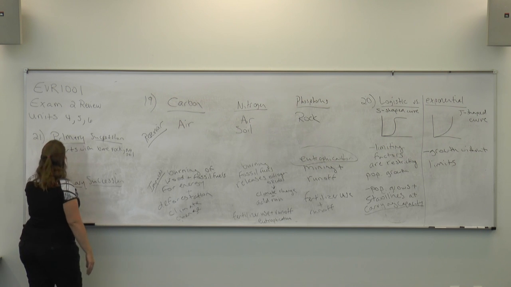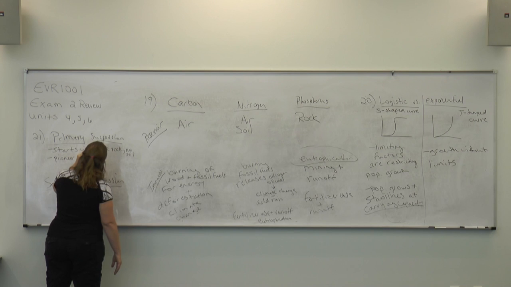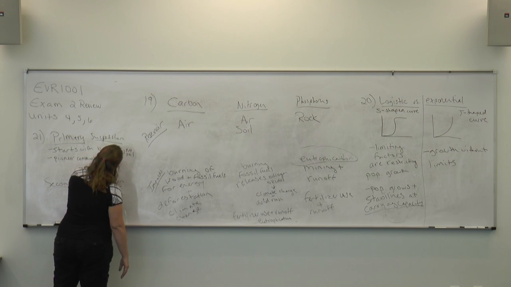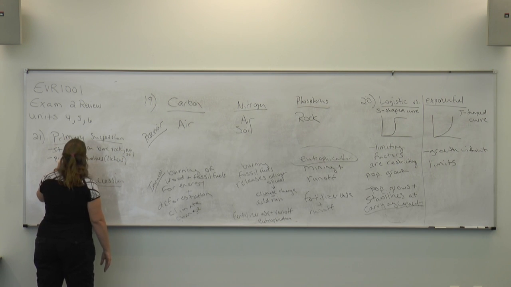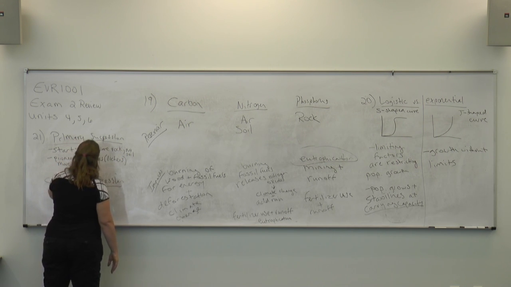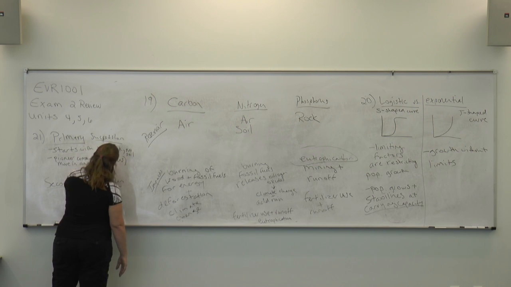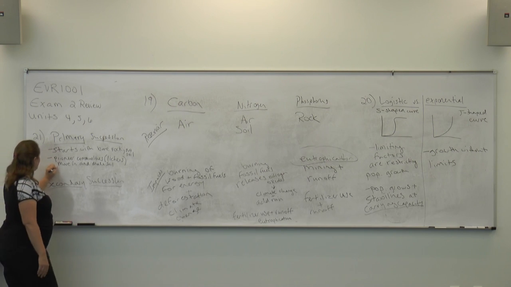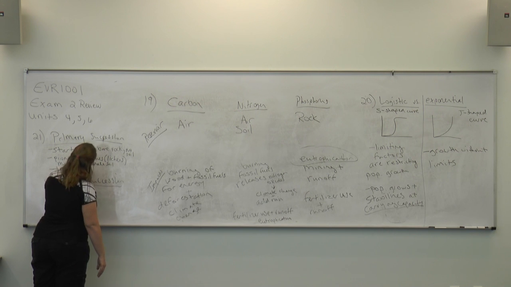So pioneer communities of organisms, like lichens, move in and make soil. That's the key. We've got to make soil here, so it takes a long time. This can take thousands and thousands of years.